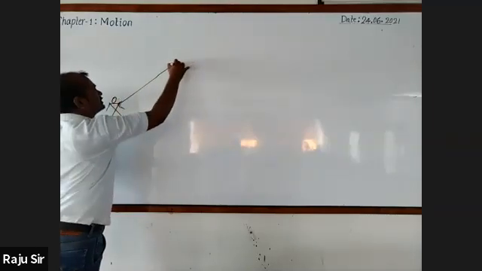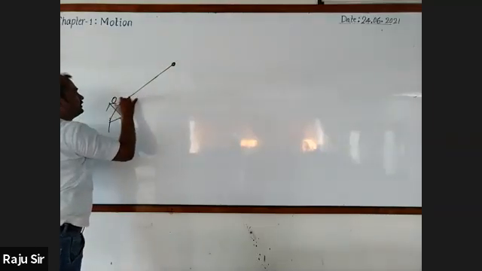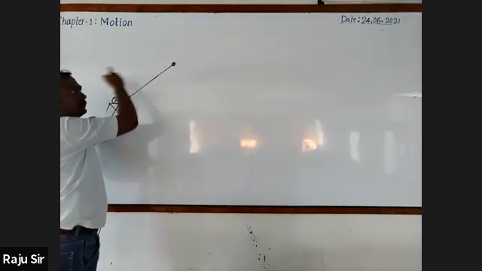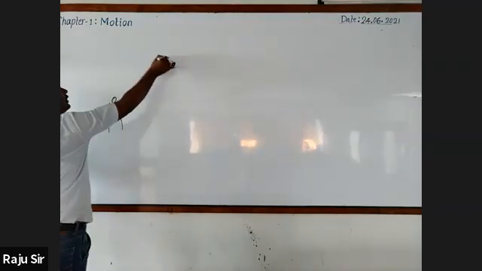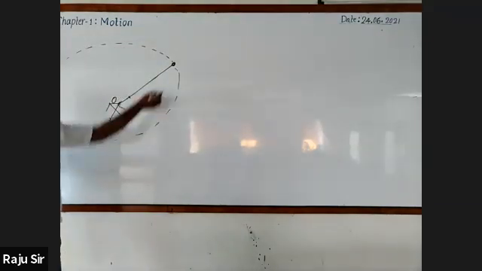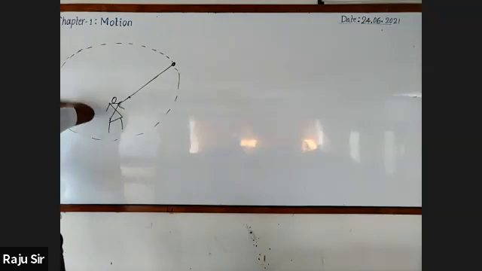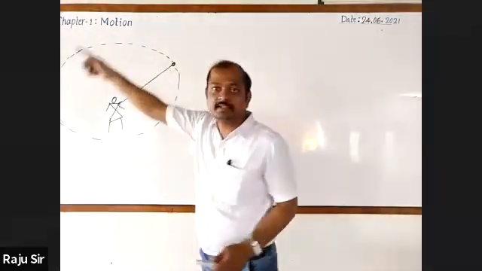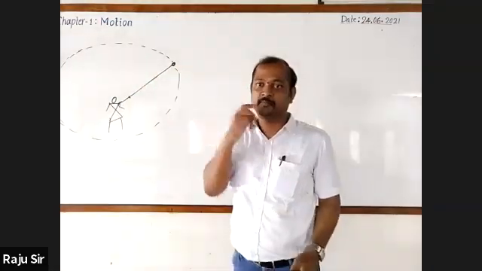Here is a bar, this is the stone, this is the thread, and this hand is holding one end of the thread, and you start whirling the stone over the head. It will be moving like this, right? So the stone will experience circular motion.